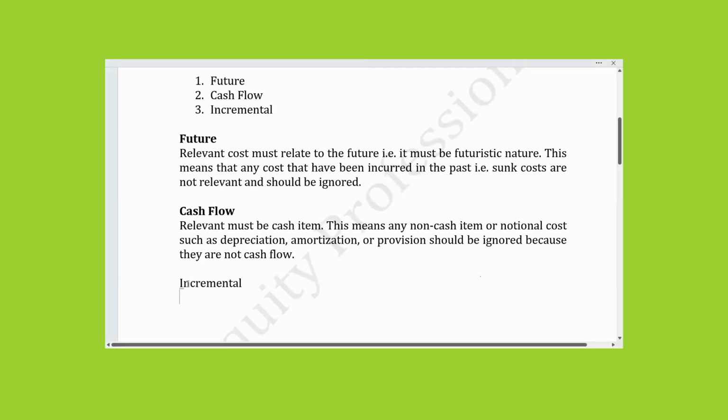I was looking at the first line under future. I think it's supposed to be, it must be futuristic in nature. Oh, okay, I didn't include "in". Thank you.